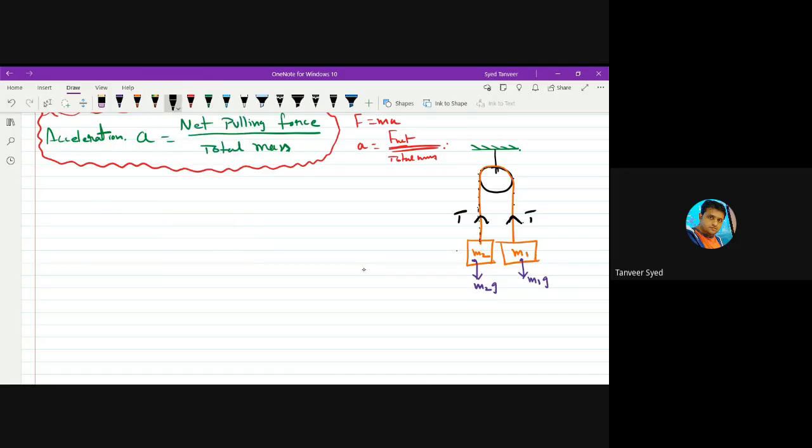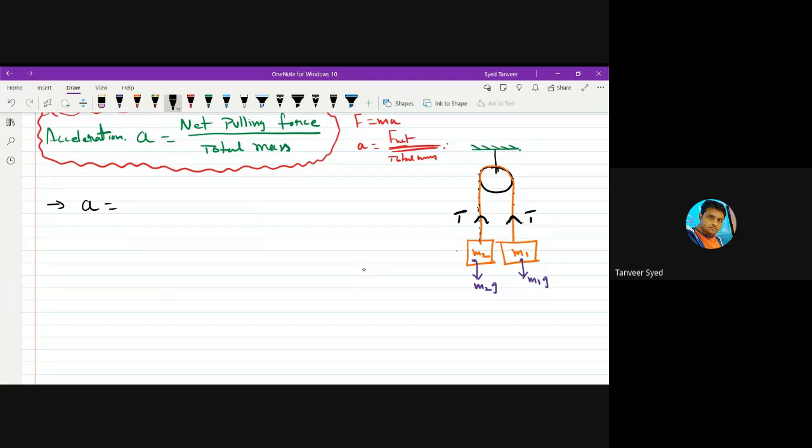Oh, yes. Net pulling force. Acceleration is net pulling force by total mass. So what is the net pulling force? See, this is just like, you play that game, no? Forgot its name. Two teams will be there.